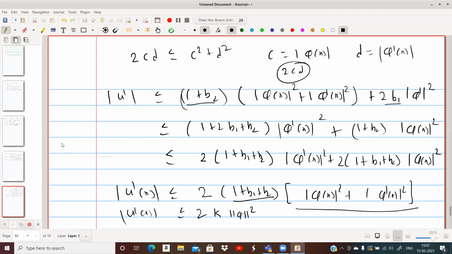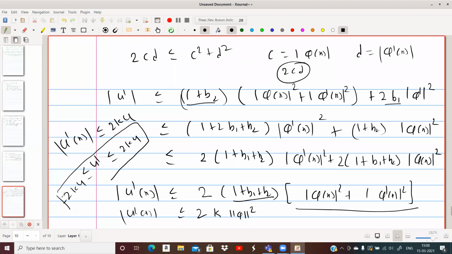At last you get the relation that u dash x is less than or equal to 2ku. So you can write this as u dash is less than or equal to 2ku, greater than or equal to minus 2ku. Now with the two cases we need to solve the differential equation.